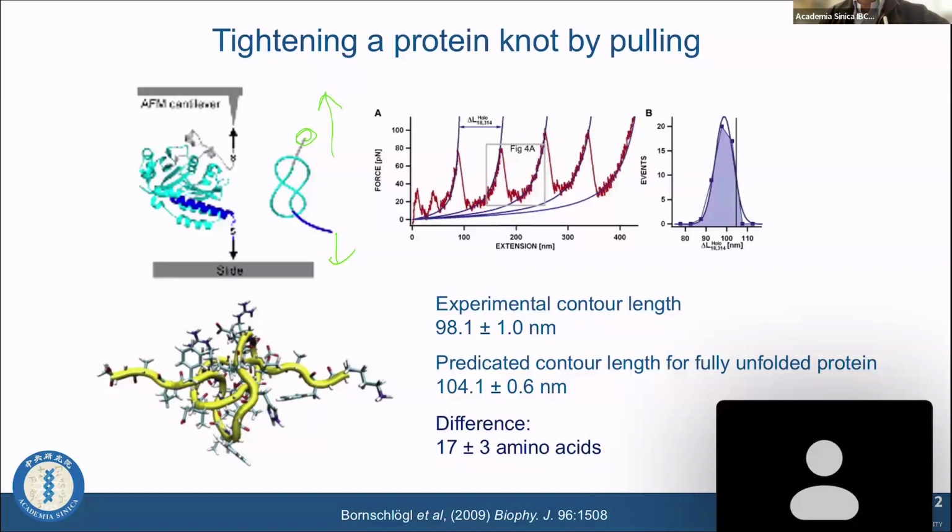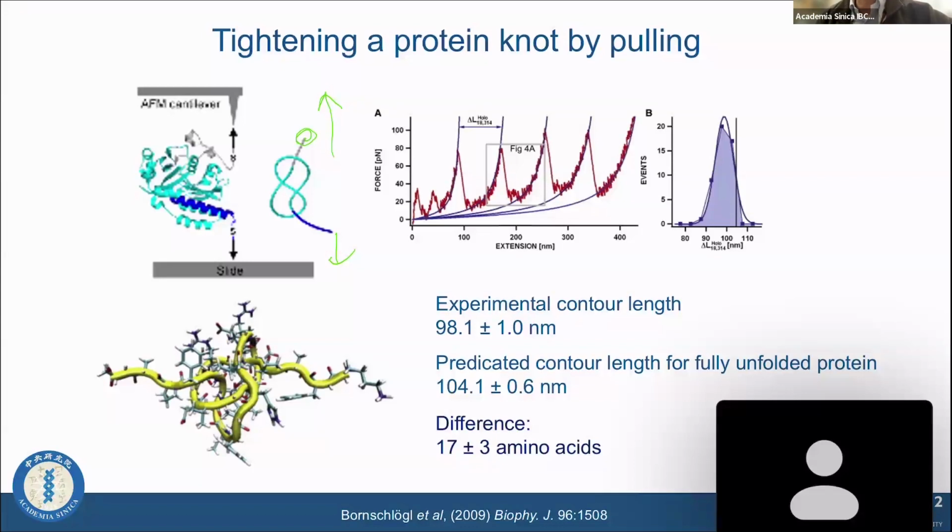If a polypeptide chain is unfolded by this mechanical pulling up to a point where it cannot be stretched into a straight line because of its knot, you will have a shorter contour length compared to the predicted contour length for a linear chain. And that's exactly what this study found.